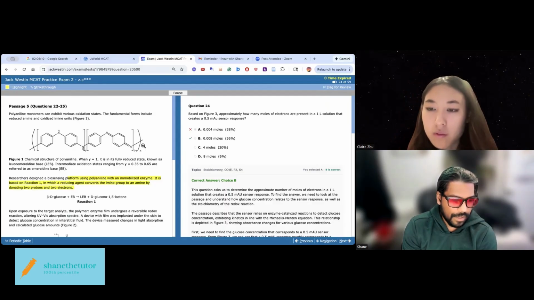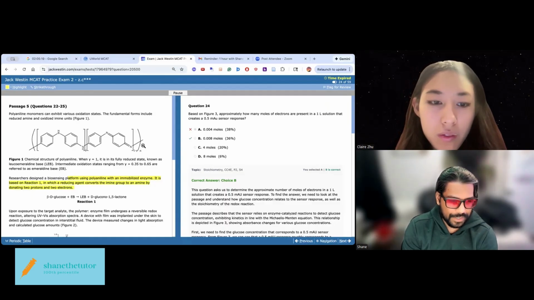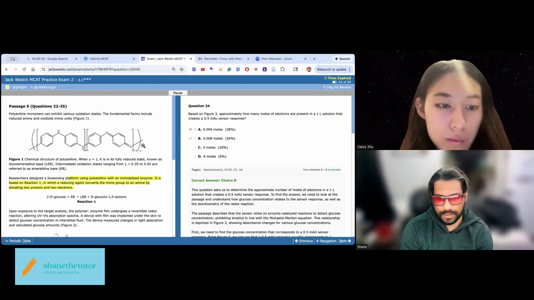Now, this reaction seems like it's separate from the reaction that an enzyme and a substrate would normally have, right?